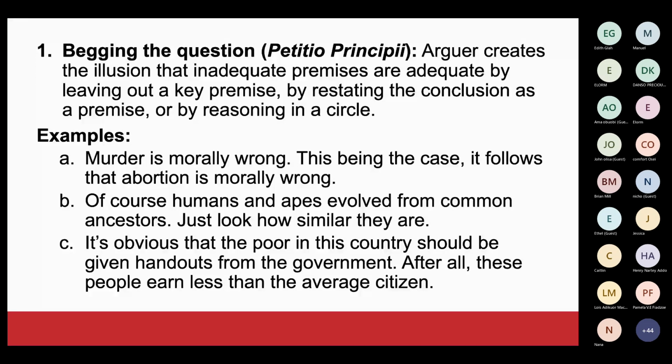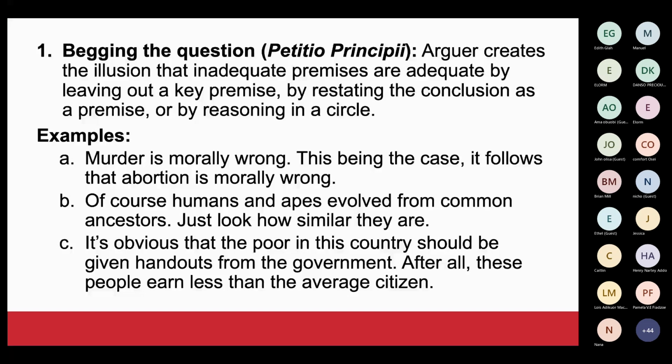Restating the conclusion itself as a premise is a problem. In other words, you are reasoning in a circle. You state the premise, you state the conclusion, then you restate the premise as a conclusion, or you restate a conclusion as a premise, then there's a problem.